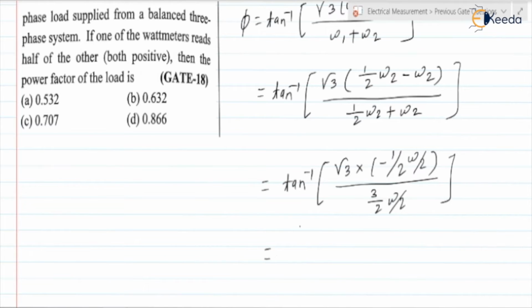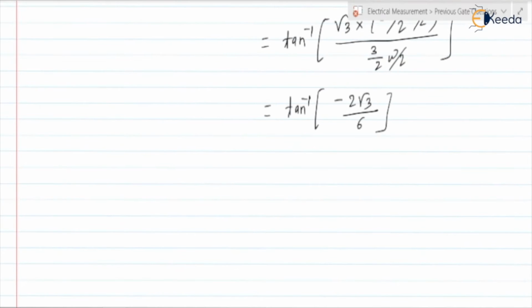So it will be tan inverse of minus 2 root 3 divided by 6, which is equal to tan inverse of minus root 3 by 3, that is minus 1 by root 3.